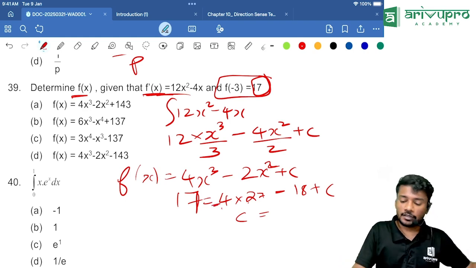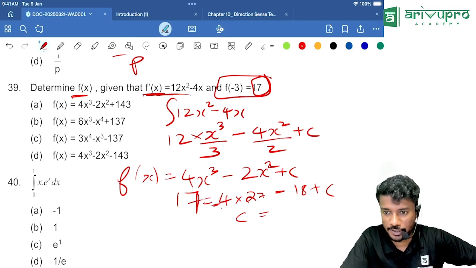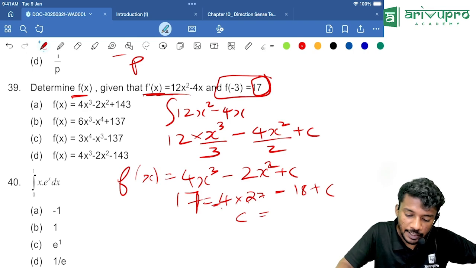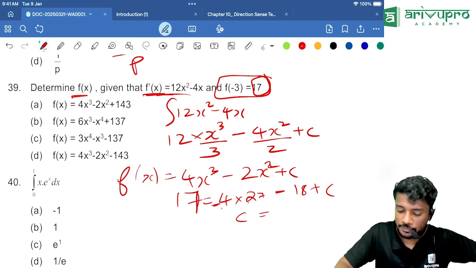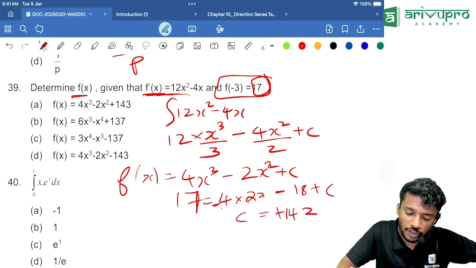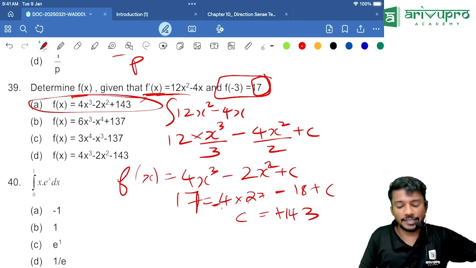Minus 3 cube is minus 27 only, right? Cube. Minus 143 or plus 143? Think again. Plus 143. Which is the right answer? Option A is the answer.